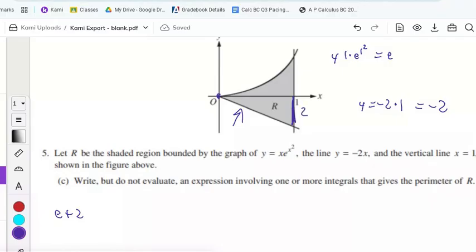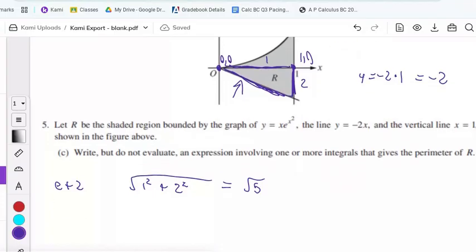We know that this intersection point is 0, 0. That means this line goes from 0, 0 to 1, 0. This means the line right here will be 1 unit long. After this, we can use the Pythagorean theorem to add them together and find the length of this line right here. Now that we've done that, we can add the lengths of these two lines together.